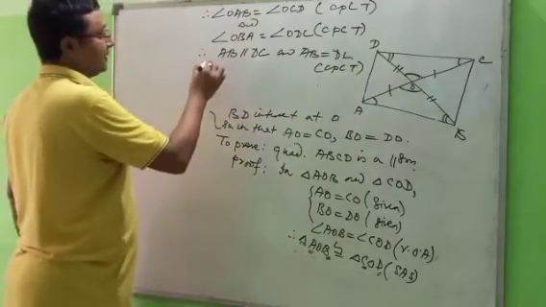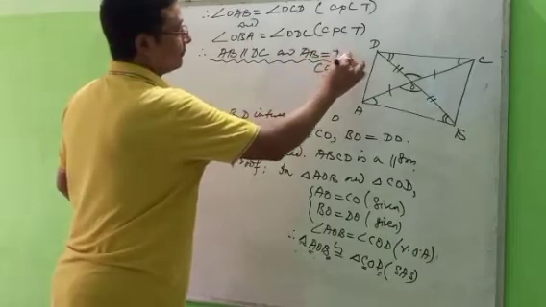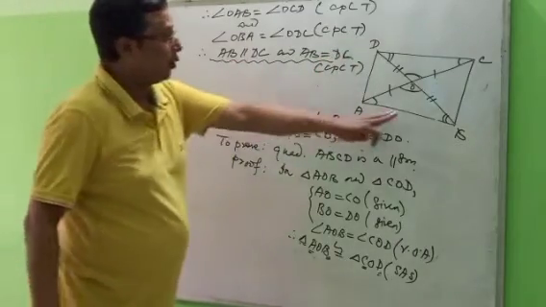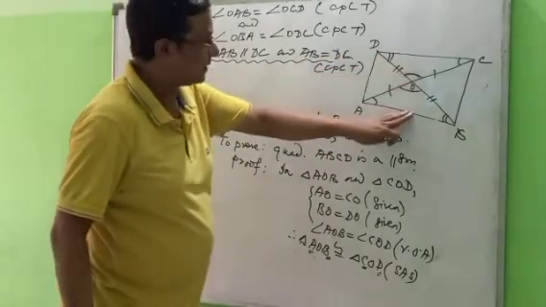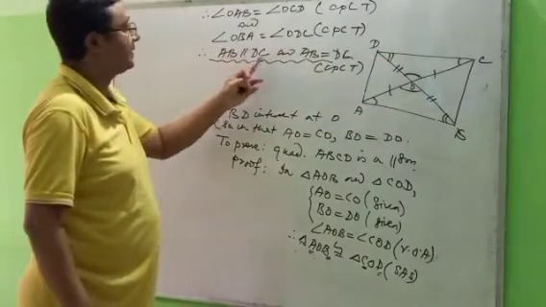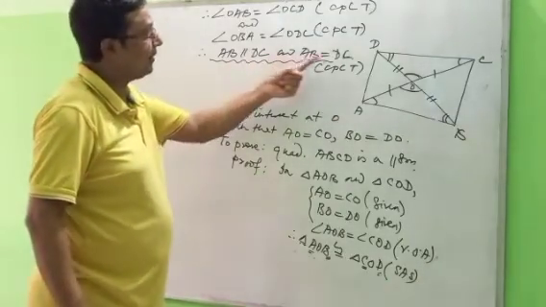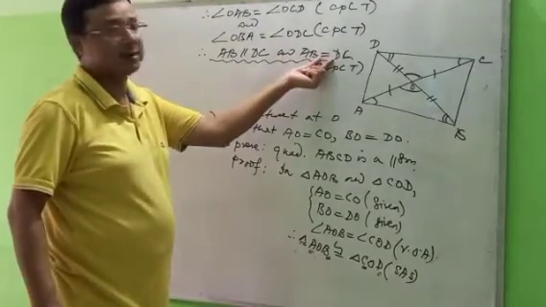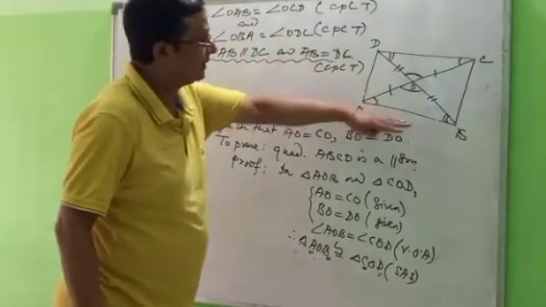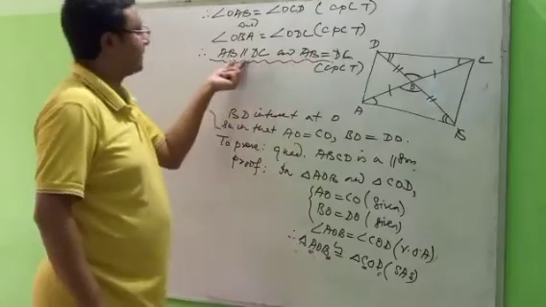Now you see, this is the most important point. The same pair of opposite sides, AB and DC: one you took parallel, and the same pair you took equal. So a single pair of opposite sides is equal as well as parallel.